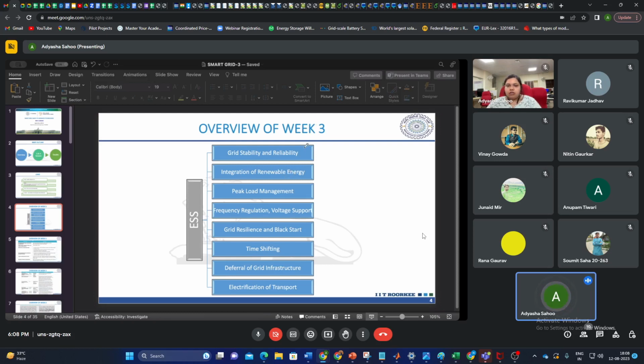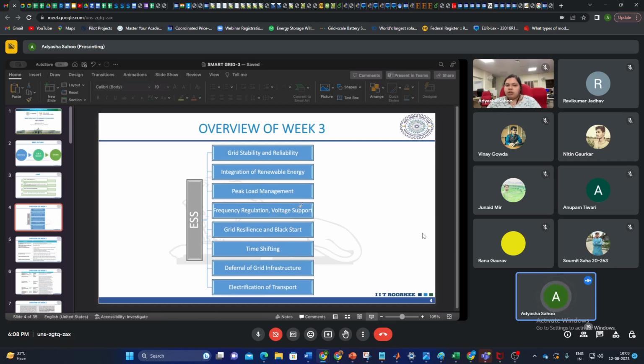Then it will also be helpful for peak load management. These energy storage technologies can charge when there is abundant energy available and discharge in the time of high demand. In that way, they can also help in peak load management. Moving on, they can also help with frequency and voltage support.